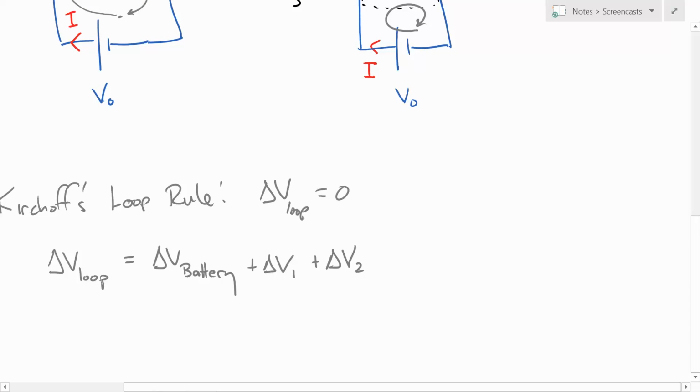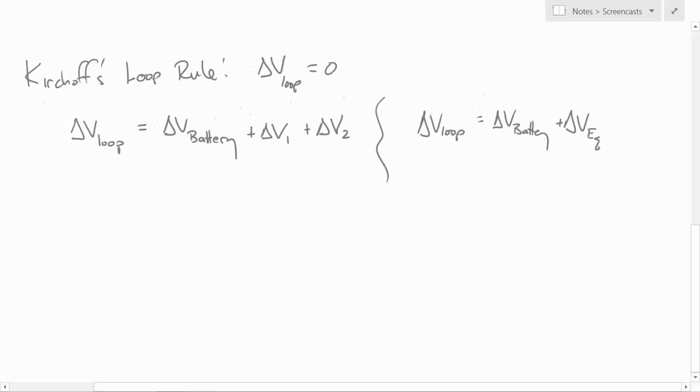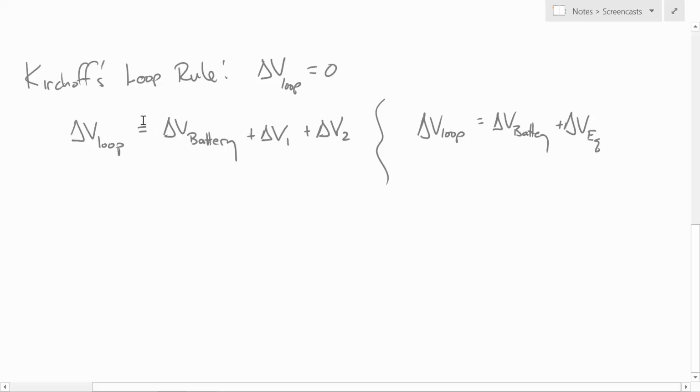Now I would find for this circuit that delta V loop is equal to delta V battery plus delta V EQ. Now, the loop rule says that since this was a closed loop, I went from start to start. This is going to be equal to 0.